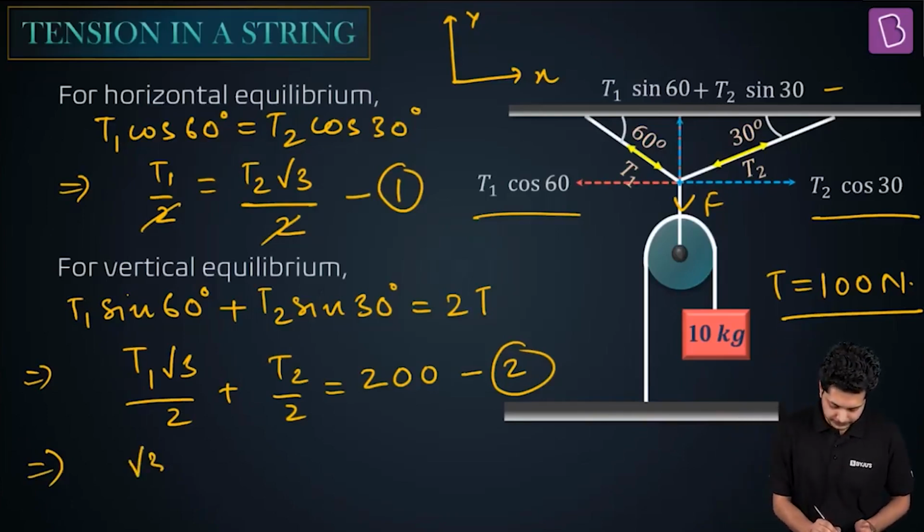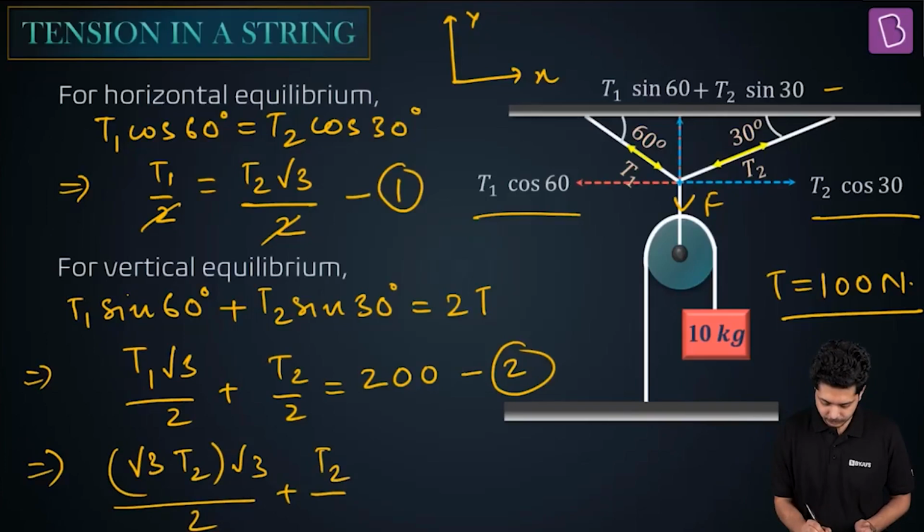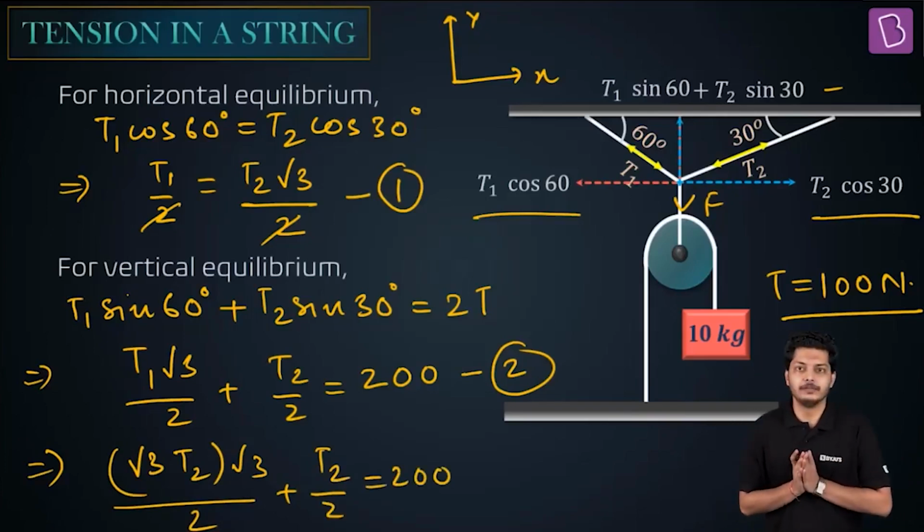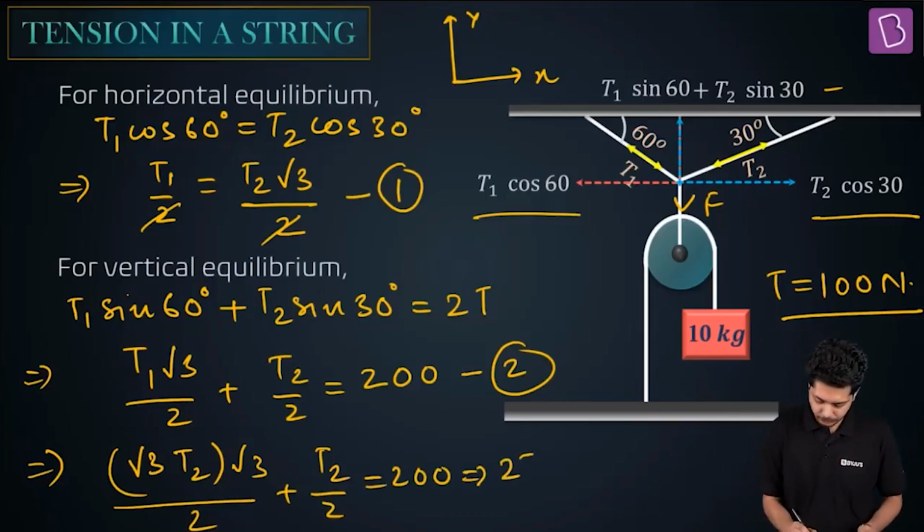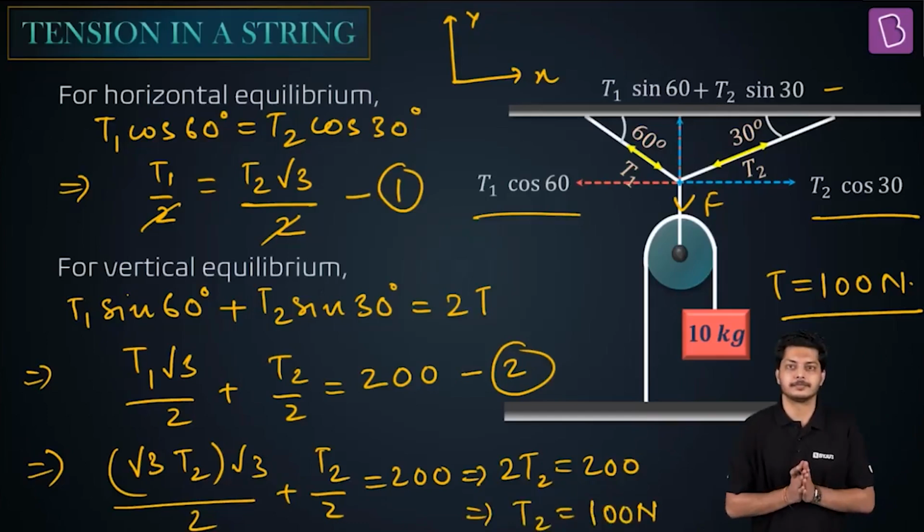So root 3 T2 into root 3 by 2 plus T2 by 2 equals 200. If you solve it, you will get 2T2 is equal to 200.